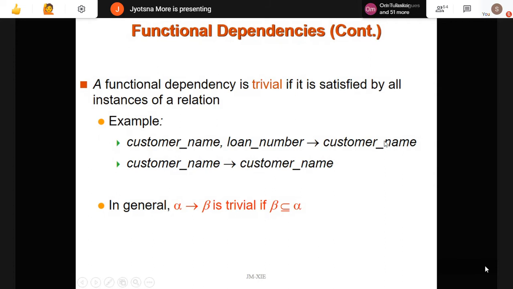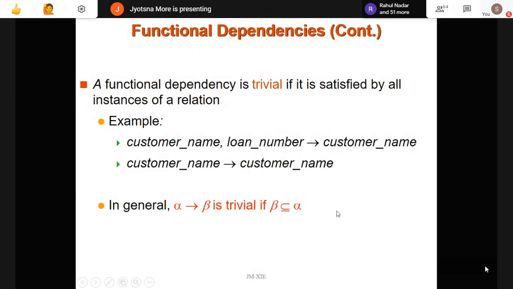Beta, your customer name, is a subset of alpha, correct? Because alpha has those values, customer name and loan number. So it is true. Customer name is a subset of customer name, a proper subset, because whatever customer name value I have here, the same is here. So I can say these two are trivial functional dependencies.